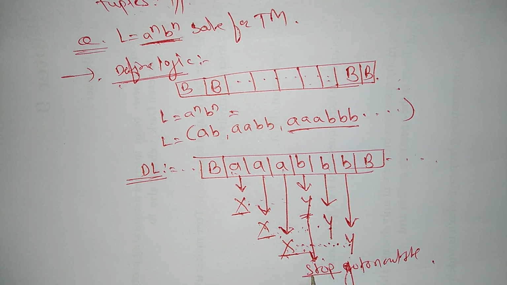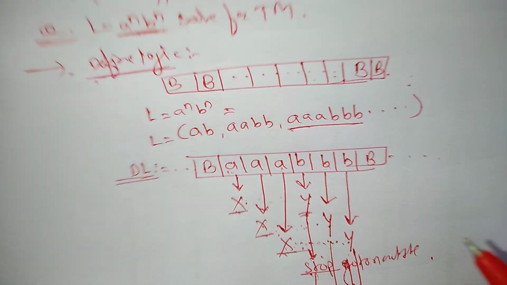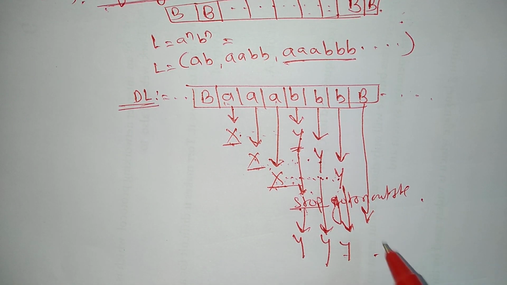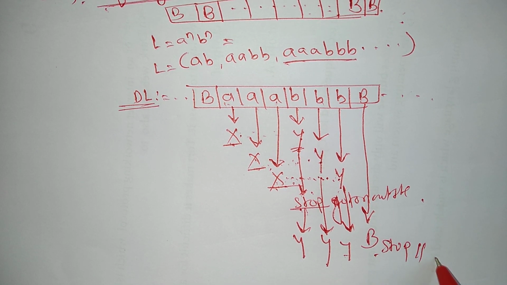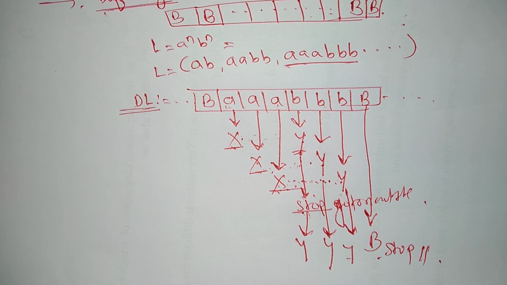Once I go to the next state, I replace Y with Y itself, again Y with Y, till a blank comes. As soon as the blank comes, I replace blank with blank and stop here. Then we complete our Turing machine example.